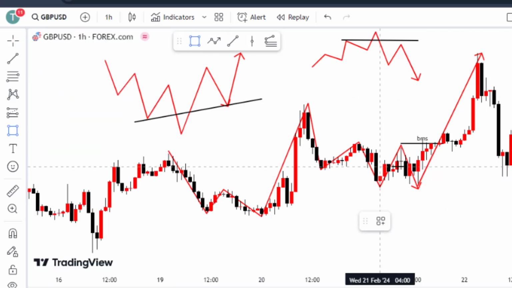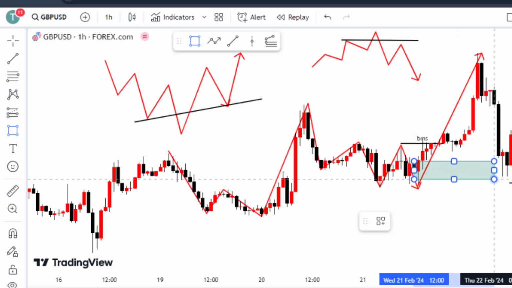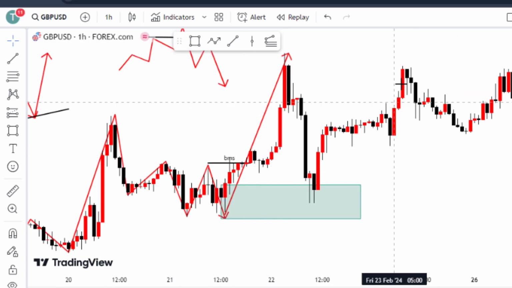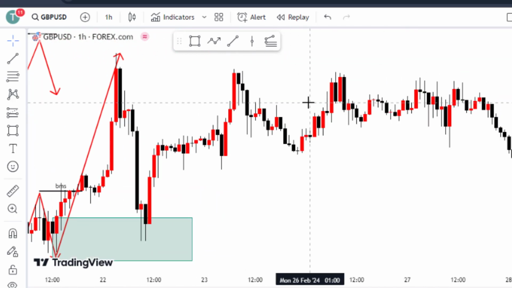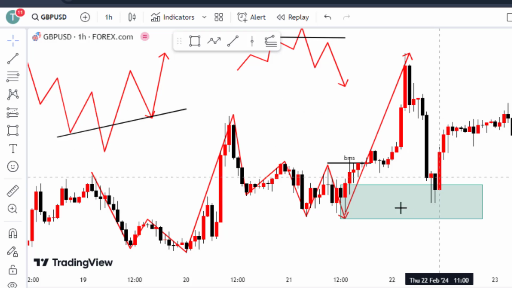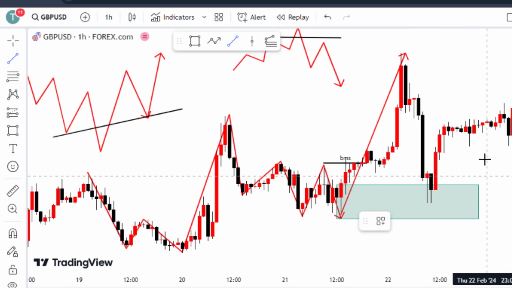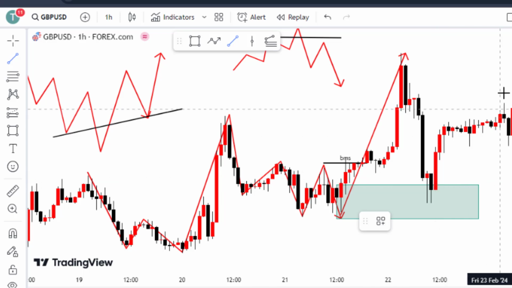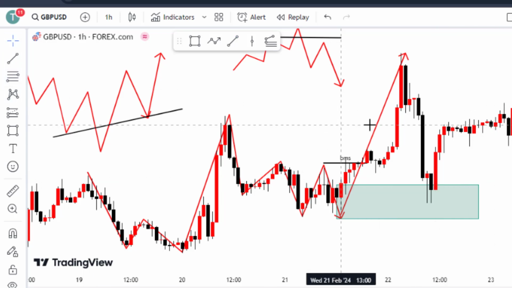Price retraces into the intermittent low. What reaction do you see? There was a massive price move to the upside. Are you seeing it? You notice when price retraced into the intermittent low, there was a price move to the upside. So you understand, you buy here and you can sell at that instant.